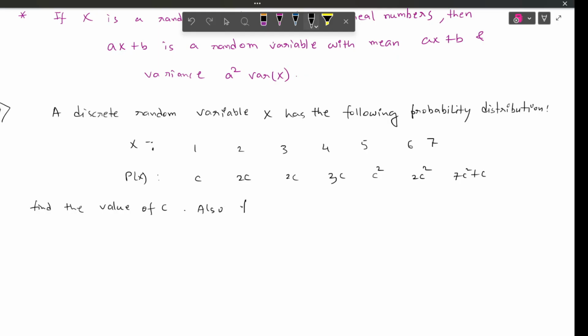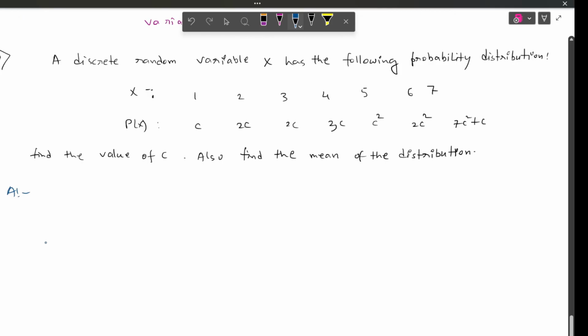Also find the mean of the distribution. Okay, so let's see the solution. So x is a random variable, discrete random variable, right? So we can say that total probability would be 1.